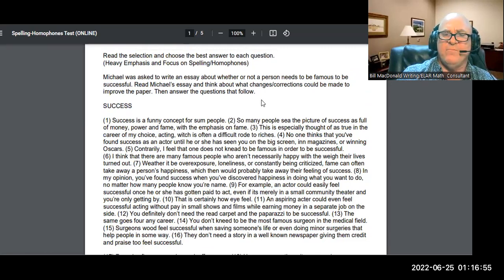But of course, I've made some improvements and changes in the binder. So there you have it. Spelling in an open-ended and multiple choice world.